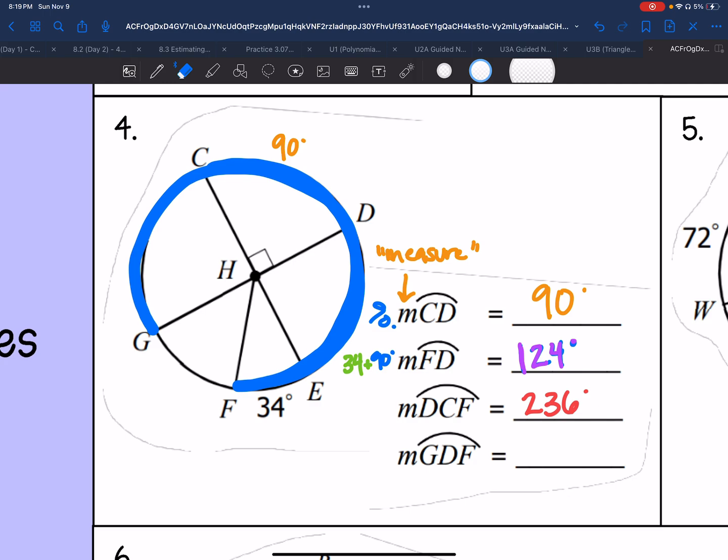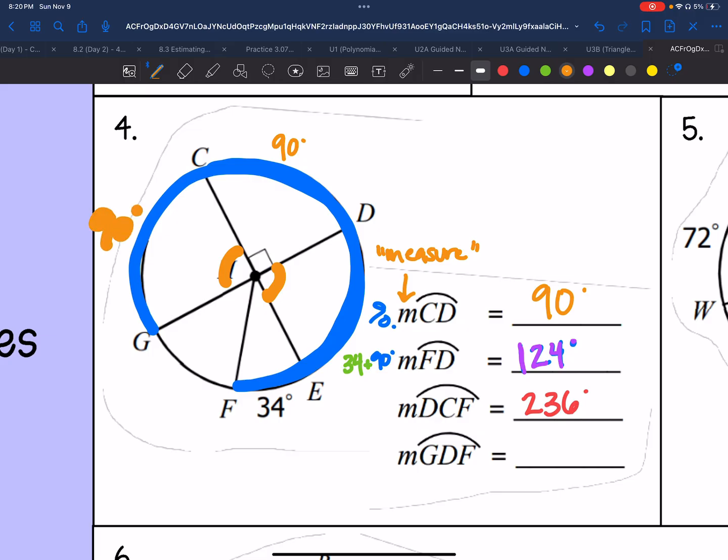So a couple of different ways that we could measure this. If we know all the other arc measures, so we know that our first arc we found, CD, was 90 degrees, then we found that from E to D was 90 degrees. Also, notice that these two angles are vertical angles, so this is also 90 degrees.